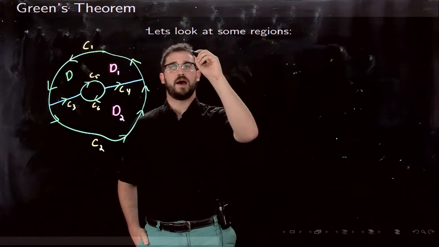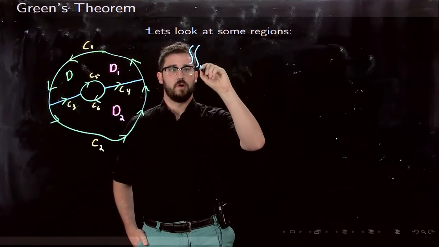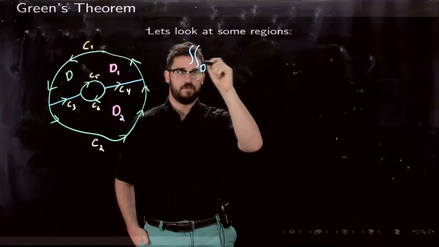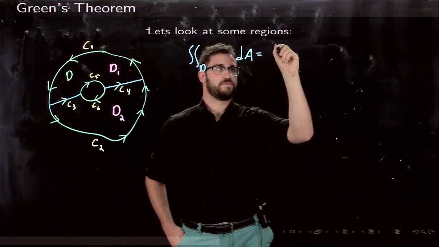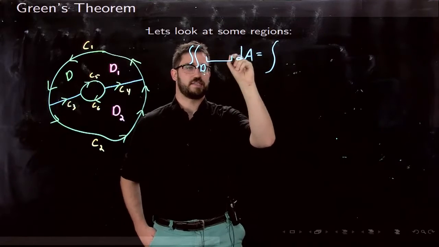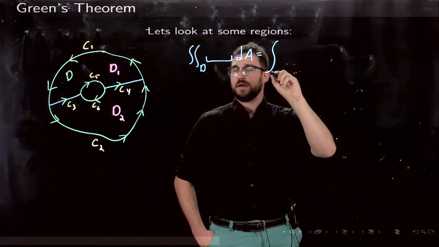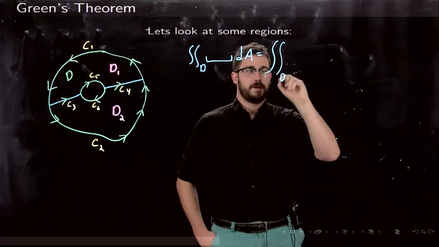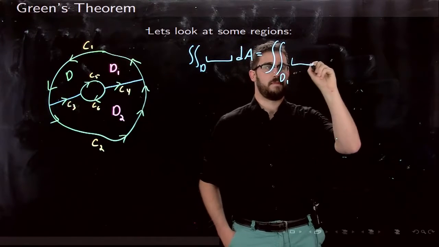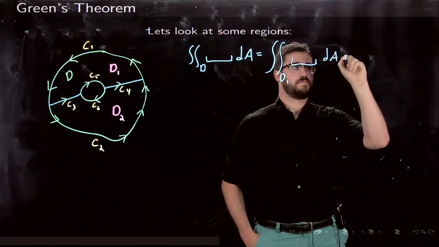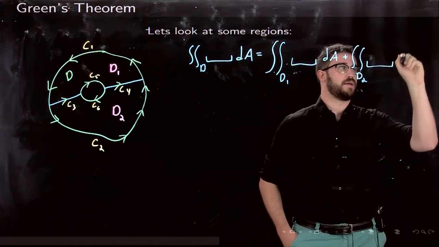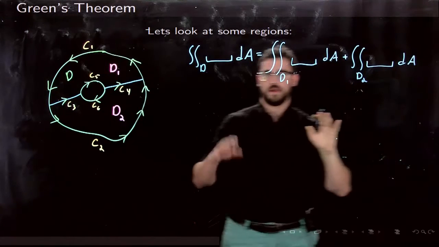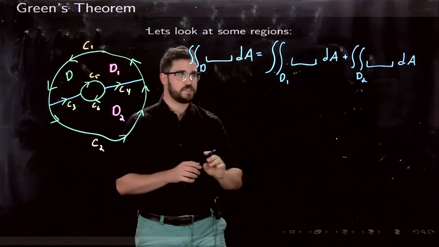Well, we've got the integral over D of blah, blah, blah, blah, dA equals, I'm just going to put a box here. You guys can fill it in. D1, blah, blah, blah, blah, dA plus D2, blah, blah, blah, blah, dA. And let's break it up into our parts.